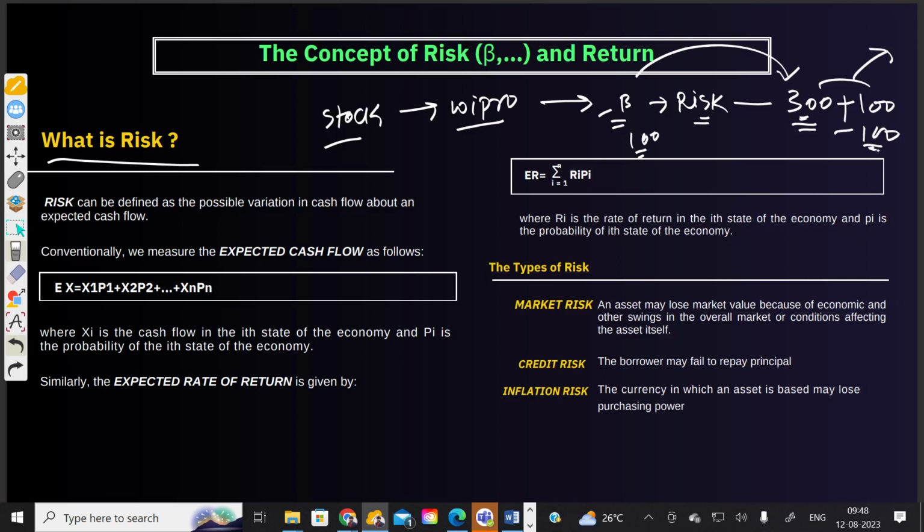So now, if the beta of this particular stock is positive or negative, then you can decide whether to invest, right? If the beta is negative, it means you can invest. And if the beta is positive, you might see that the stock price will continuously fall in the near future. So that is how you can link beta with risk and return.